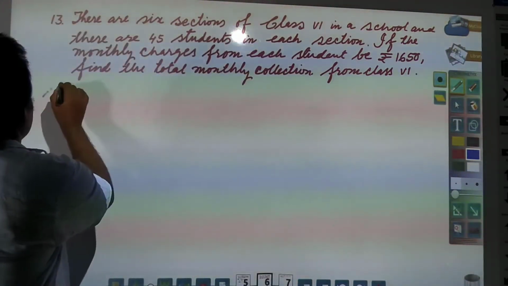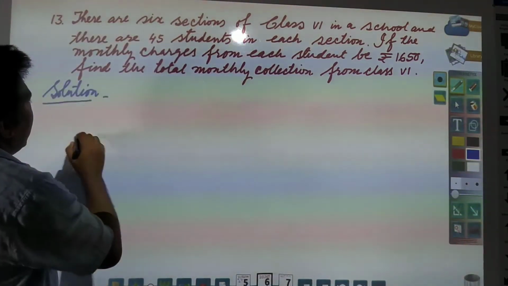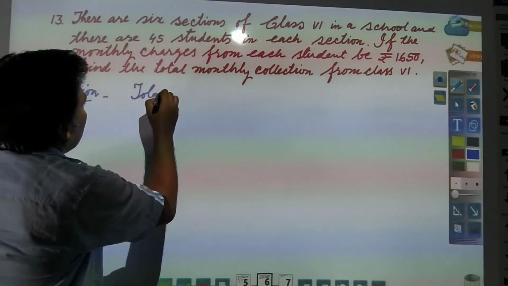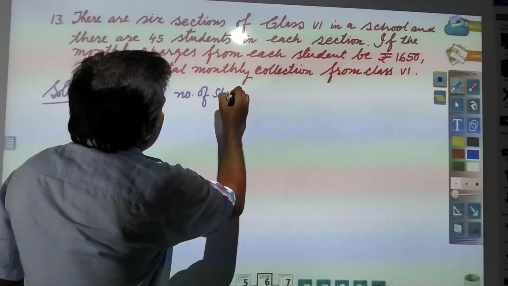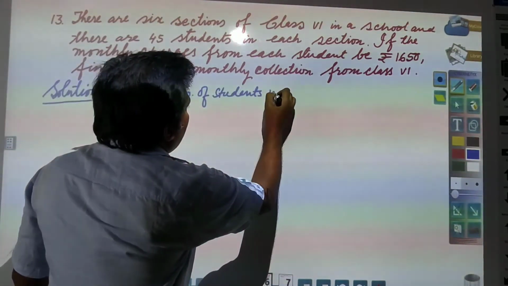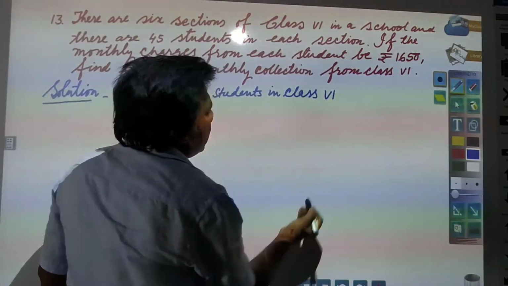So here you see, we will write total number of students in class 6. That will be how much?